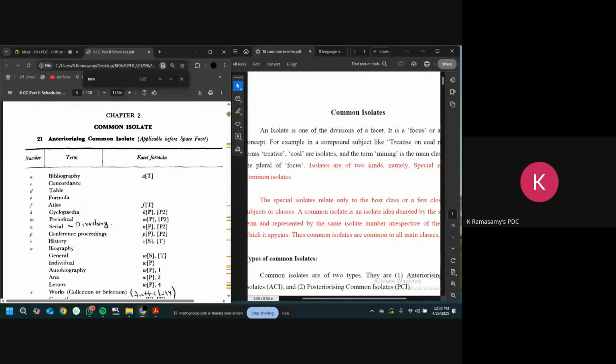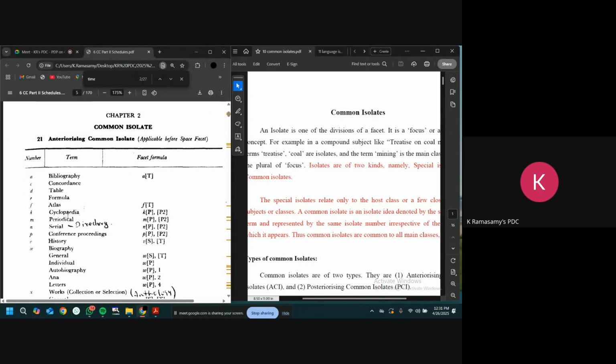Anything it can be attached. For example, atlas, or you can take a periodical. Periodical means a journal. You can have a journal for any subject: journal of library science, journal of mathematics, journal of chemistry, journal of physics, journal of zoology. This can be attached to any number. They are called common isolates, which are common to all the subjects.